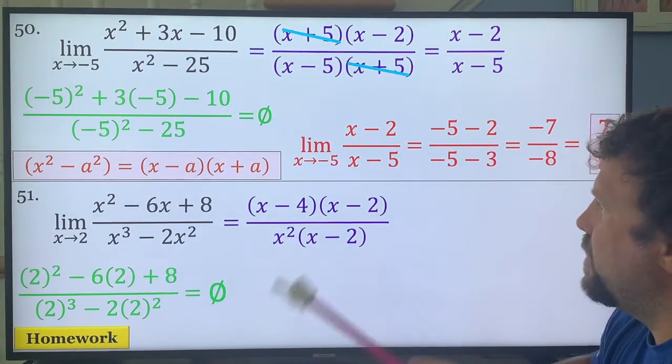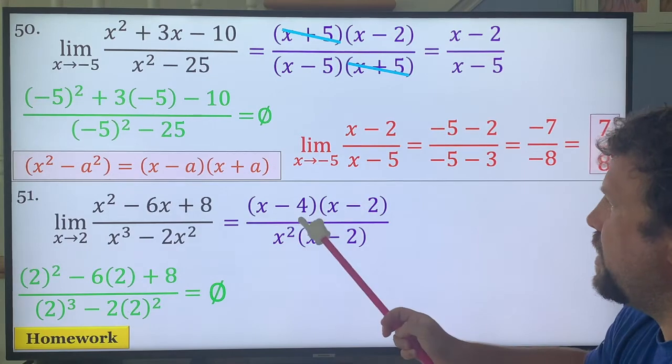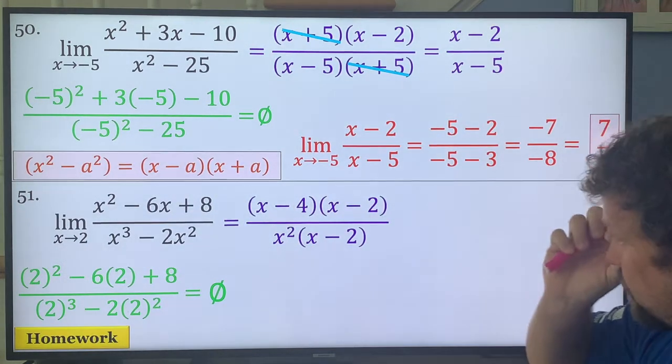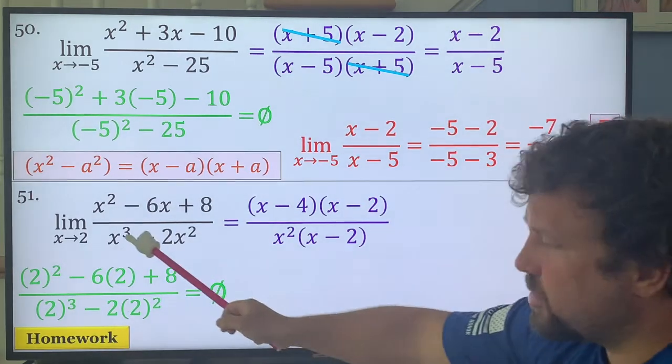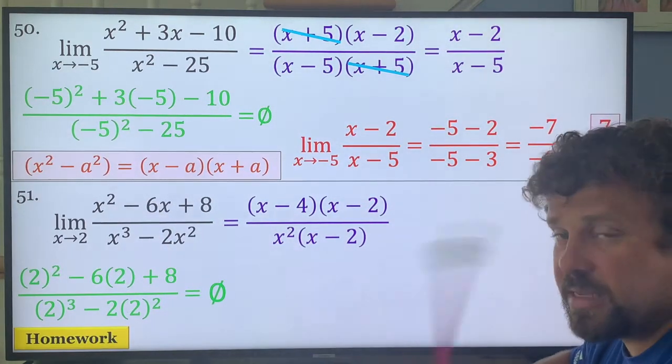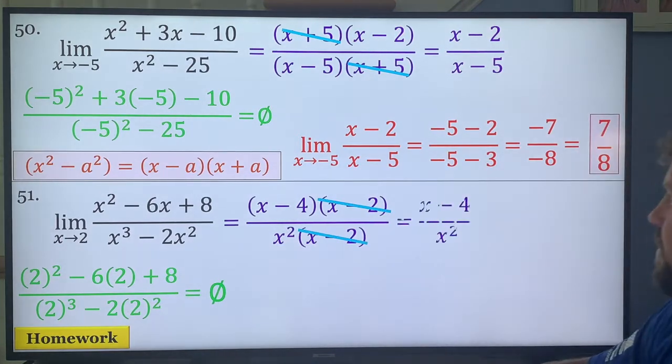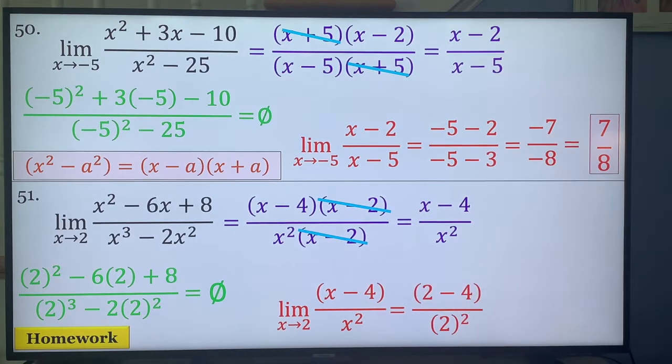X minus 4, x minus 2. -4 times -2 is +8, and -4 minus 2 is -6. I could pull an x squared out of the numerator. Always try to pull x's out first, or numbers out first. The x minus 2's cancel out, leaving x minus 4 over x squared. Now I can find the limit. Plug in my 2. 2 minus 4 is -2, over 2 squared, which is 4, so -1/2.